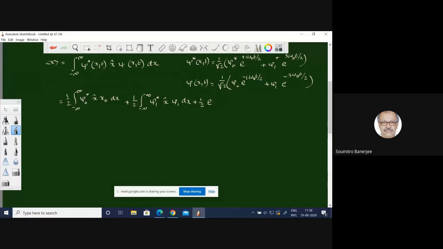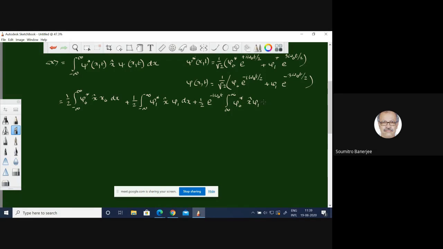Now if you cross multiply, it is 1 and this is minus 3, so it will become e to the power minus i omega naught t, and then that will come out, minus infinity to infinity, psi naught star x psi 1.